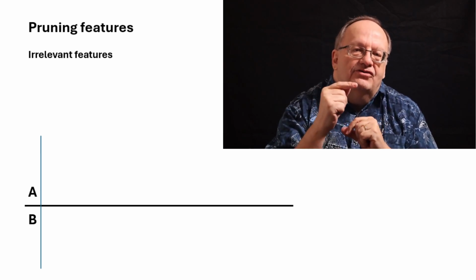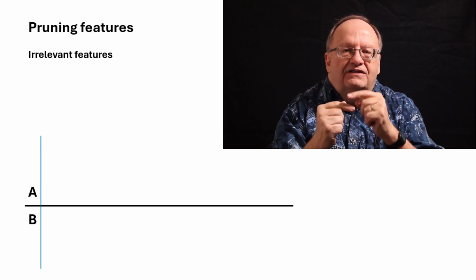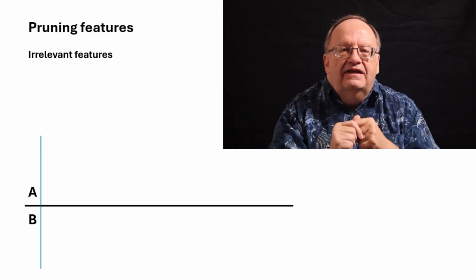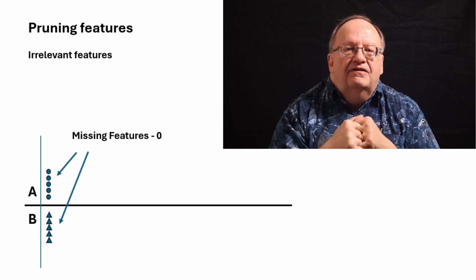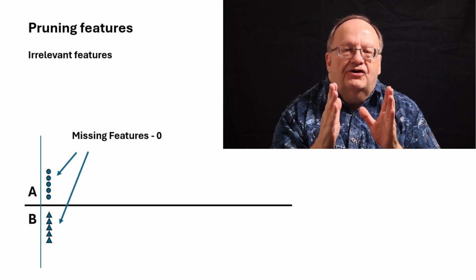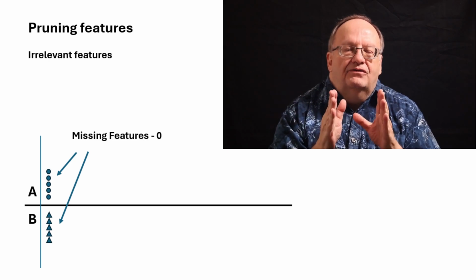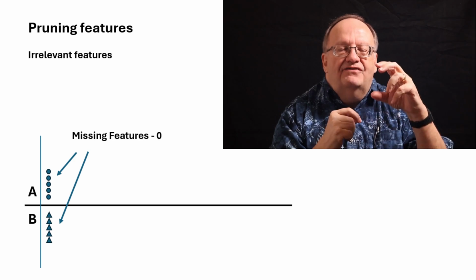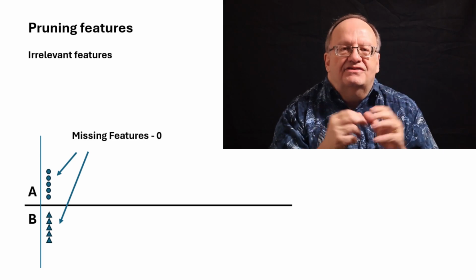The first thing we can do is we're going to alternate adding examples to our set. So we're first going to add an A, and then we're going to add a B, and then we're going to add an A, and then we're going to add a B. After we've done about 10 examples like this, if there are features that are missing that are going to appear later, those features will appear as 0. So if we did 10 examples, we've got 5 A's that are 0 and 5 B's that are 0, and this is confusion.